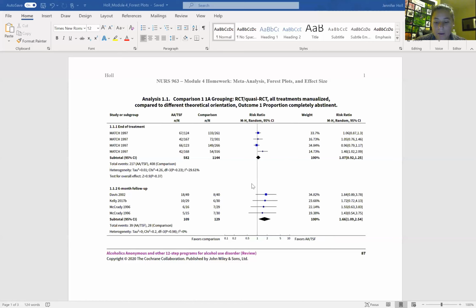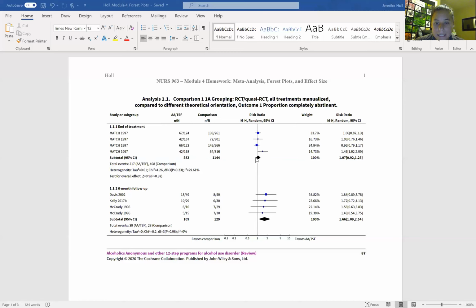Okay, so the next thing to look at is this line right here, which is the overall effect of the meta-analysis, and that's represented by this triangle right here. So the overall result is always displayed as a triangle, and its endpoints represent the confidence interval.